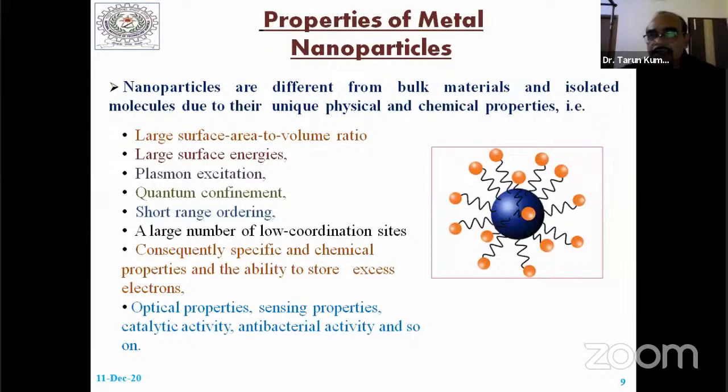That's why everyone is trying to explore nanomaterials. Whatever reactions and properties were already explored can be re-explored using nanomaterials, and you can get different results. So there is huge scope for this.